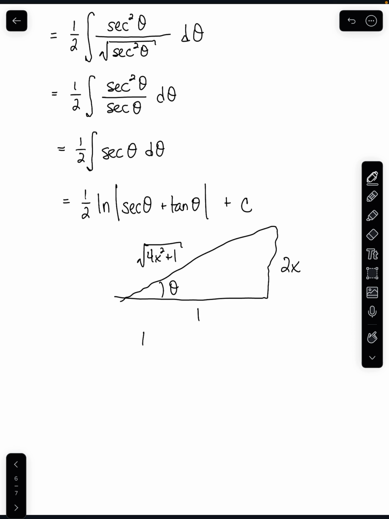So that tangent theta is equal to 2x, as we already know because we used that for our substitution. But we also need secant theta, which is equal to the hypotenuse over the adjacent side, or simply the square root of 4x squared plus 1.